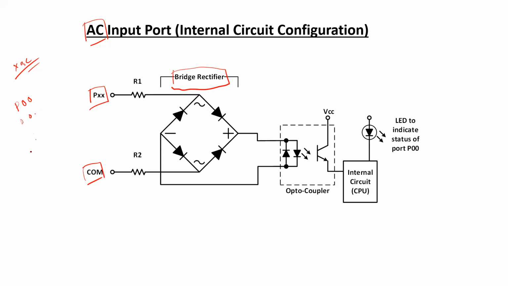So in general, we can say that after P, we will have some numeric digits or hexadecimal digits. So in general, we have just denoted it here as PXX. Along with that, a status indicator LED should also be there, which would indicate whether this particular port is receiving any signal or not.